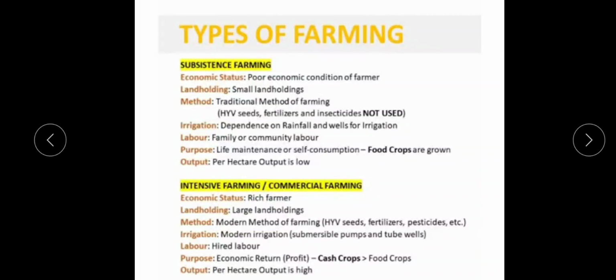In intensive farming, the purpose is economic returns. They think about the profit, with cash crops and food crops. Therefore intensive farming is also called commercial farming. In subsistence the production is very little, while in intensive farming the per hectare output is very high. So this was the differentiation between subsistence and intensive farming.